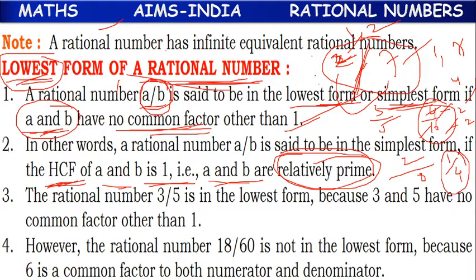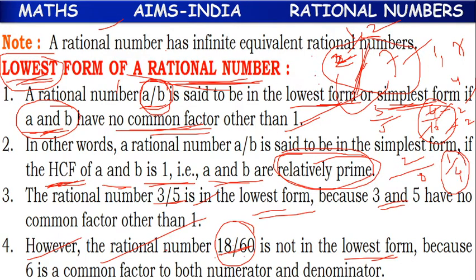Like that, in so many ways we can tell. So here 3 by 5 is in lowest form because 3 and 5 have no common factor other than 1. But 18 by 60 is not in lowest form because both of them are divisible by 6. 6 is a common factor.